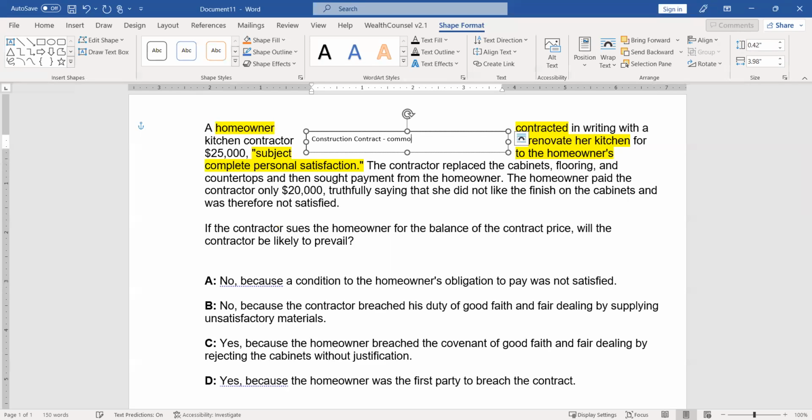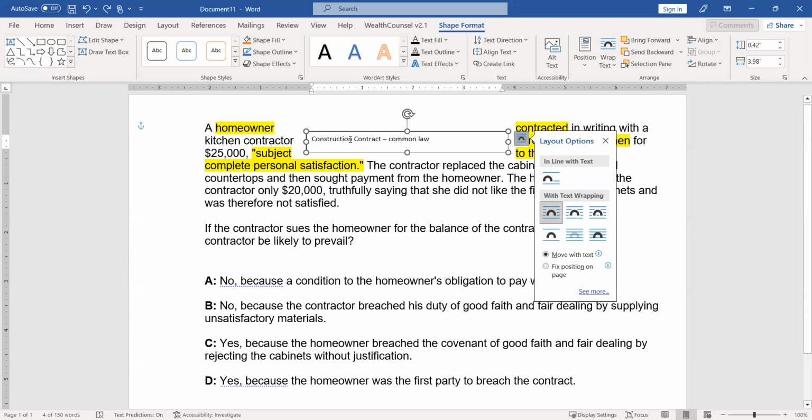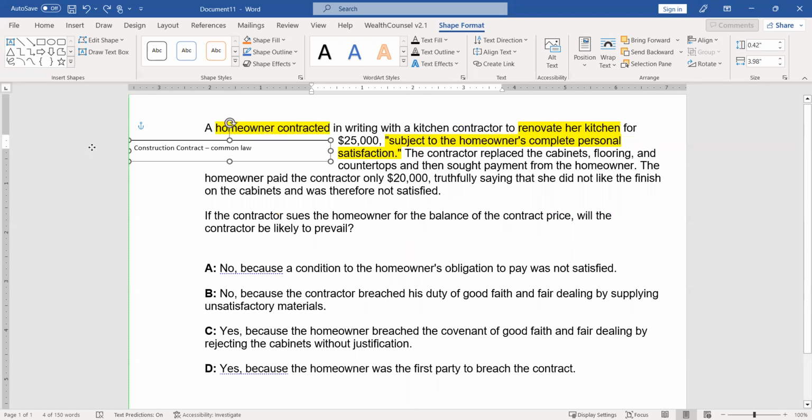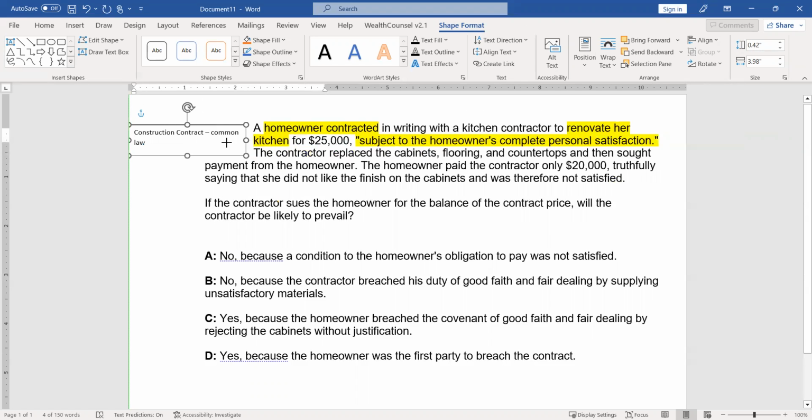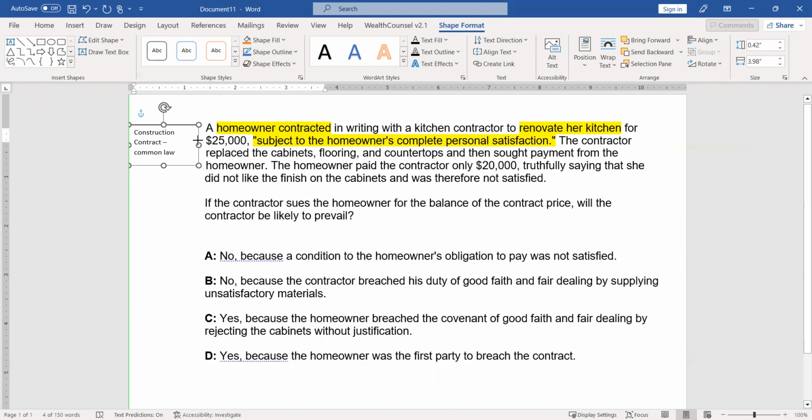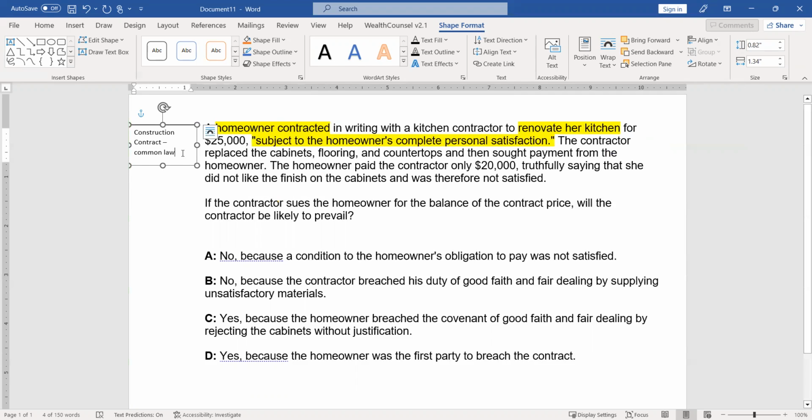Remember that when you identify the subject to be contract, you need to then identify whether it's common law or UCC, because you need to shift your brain to the UCC outline if you are in a contract question, because our mind tends to default to the common law, and if you have a question about UCC, that can throw you off.